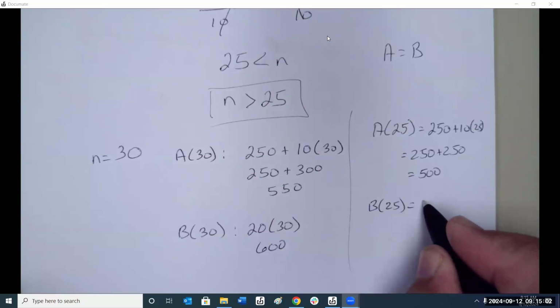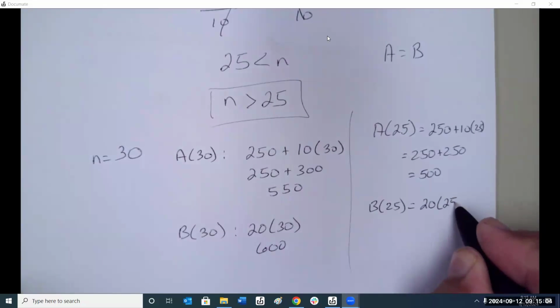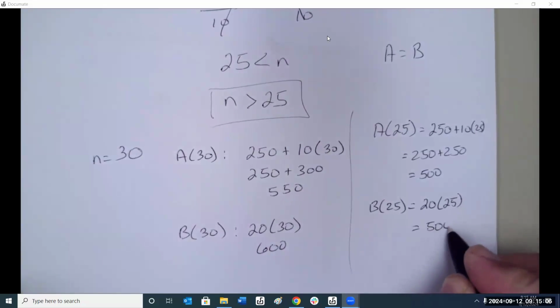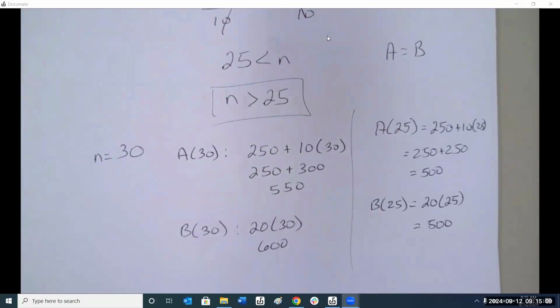B at 25 is $20 times 25, which is 500. So 25 is the breaking point. So now any number bigger than that or less than it will tell you who's better. So she has to get a job that pays for 25 hours or more to be worth it.